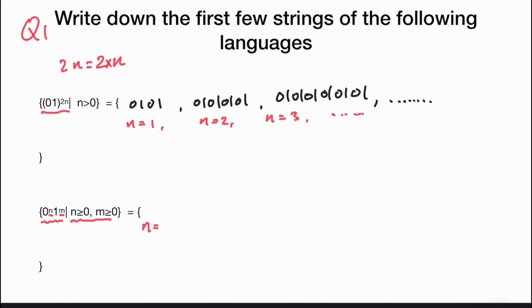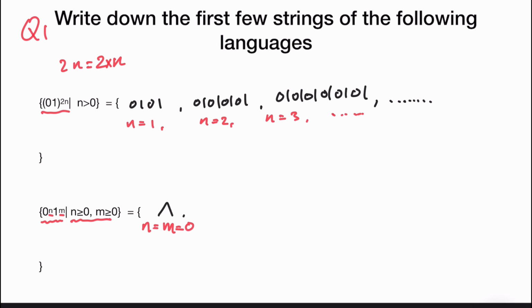When both n and m are 0, we get 0 to the 0, 1 to the 0. That means you repeat 0 zero times, 1 zero times, which means nothing.